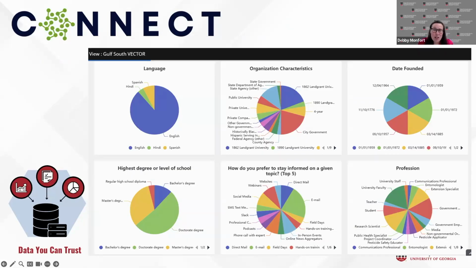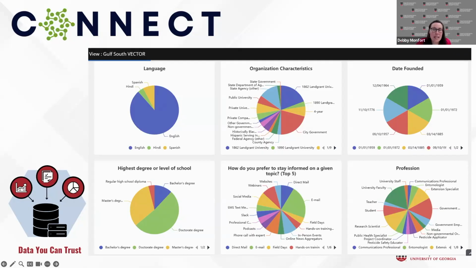Now, we want to know about data. You have all of the demographic content and expertise that goes into your group. Connect breaks it down for you. It shows you the makeup, the composition of your collaboration, whether or not you have gaps in it. Is there a specific audience that you see over another?